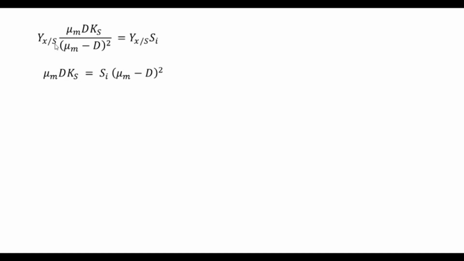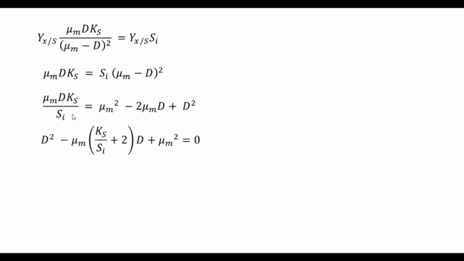Now we can cancel out the Yxs and multiply both sides by mu m minus D squared. We get the semblance of a quadratic equation, and mu m 2DKs by Si equals, if you expand this, a minus b squared is a squared minus 2ab plus b squared, which is this.